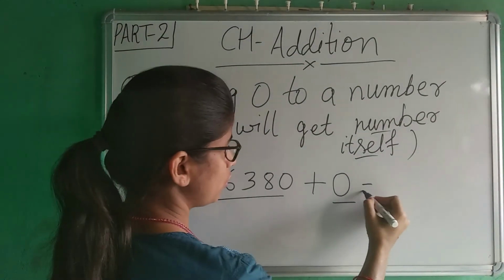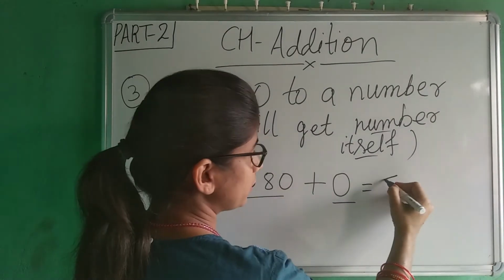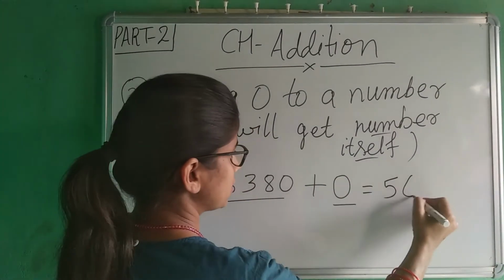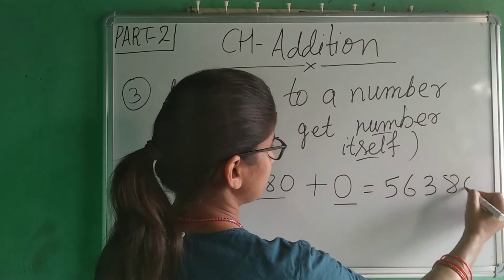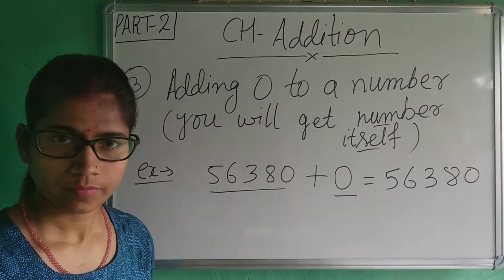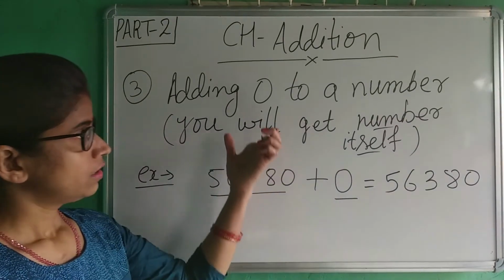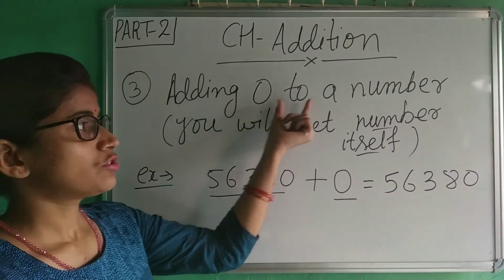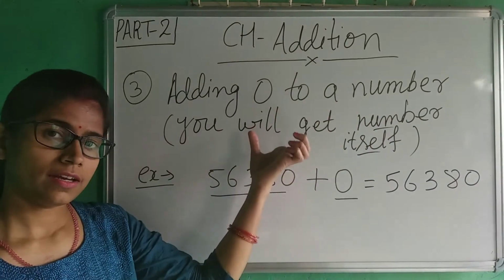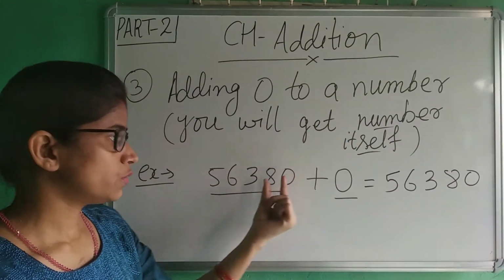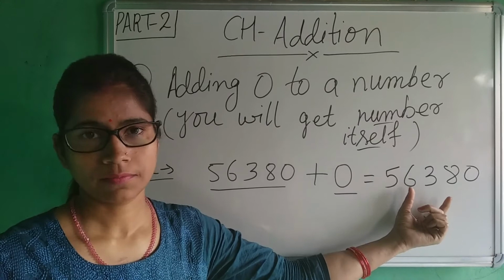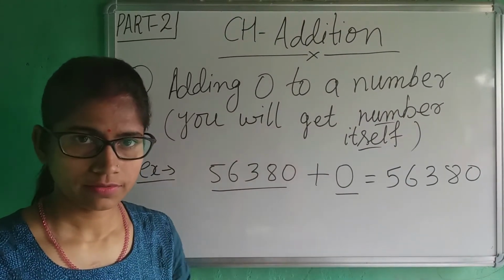So in this case, the answer is 56,380, the same answer. Understood the property? The property is saying adding 0 to a number. When you add 0 to any number, you will get the same number in your answer, the number itself.